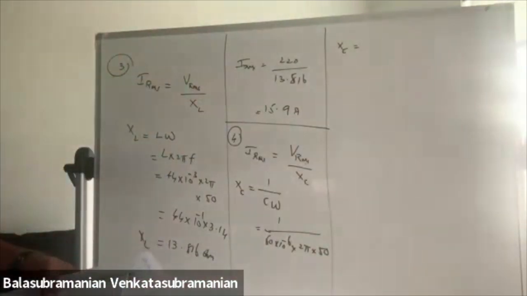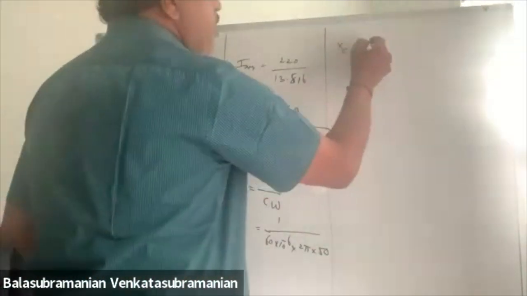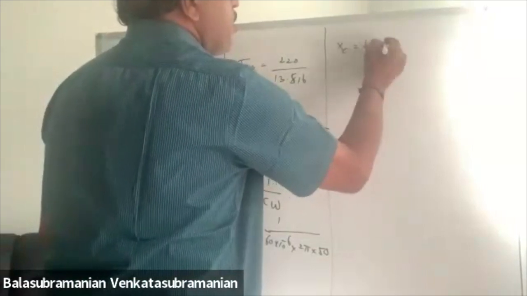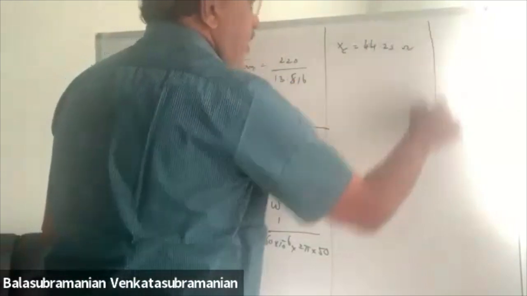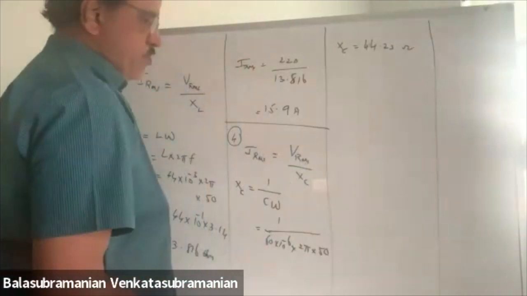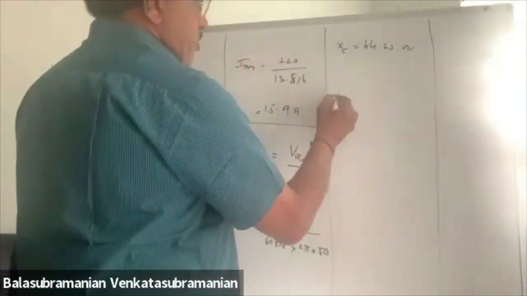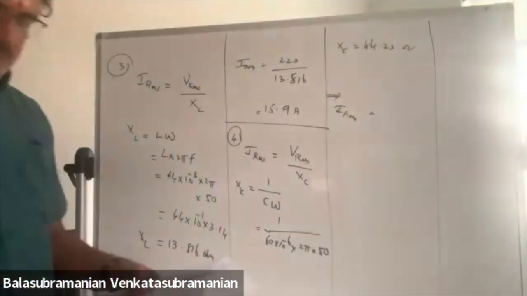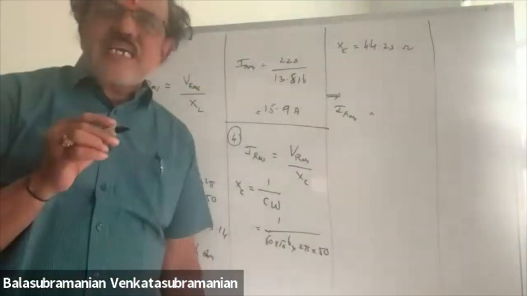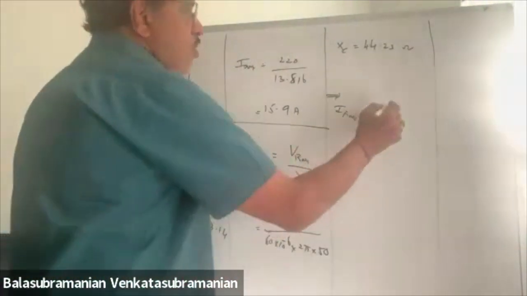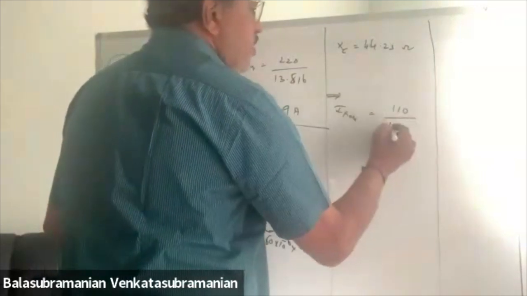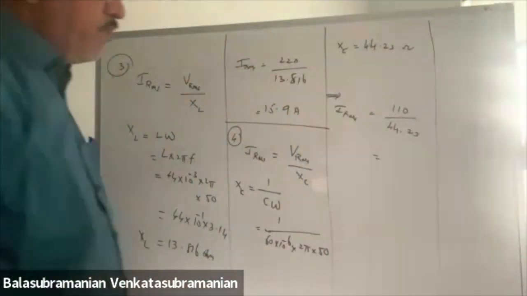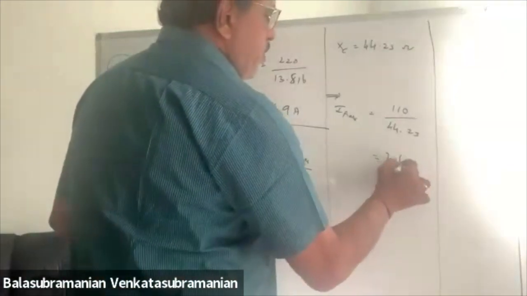Calculate the XC value. 44.23 ohm. Implies IRMS is equal to VRMS by XC. It is 110 volts, 110 by 44.23. Simplify. 2.48 ampere.